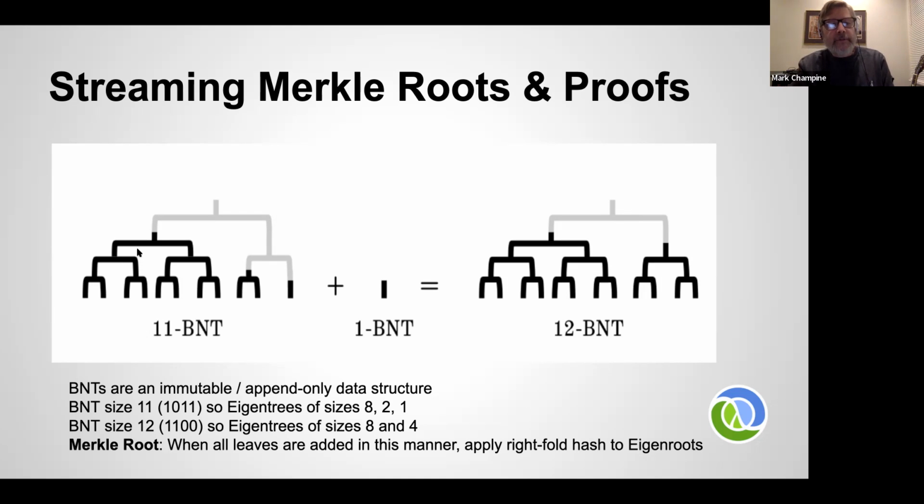Once you've built this structure, there's one there. This is an eigenroot, another eigenroot, and a leaf. You can hash all of them together to get the root. So this is essentially used for both the root and the proof construction.